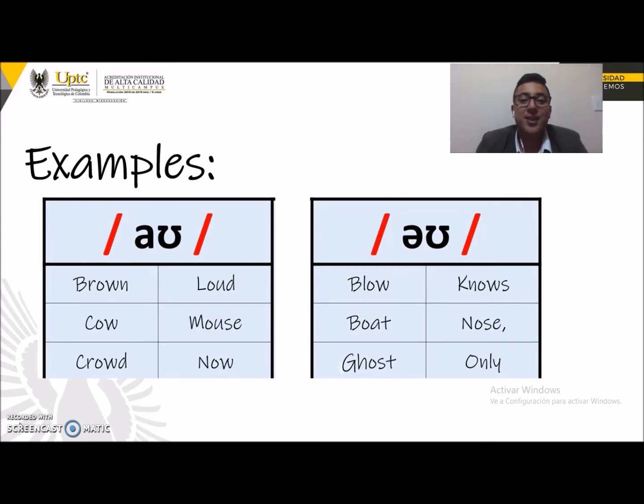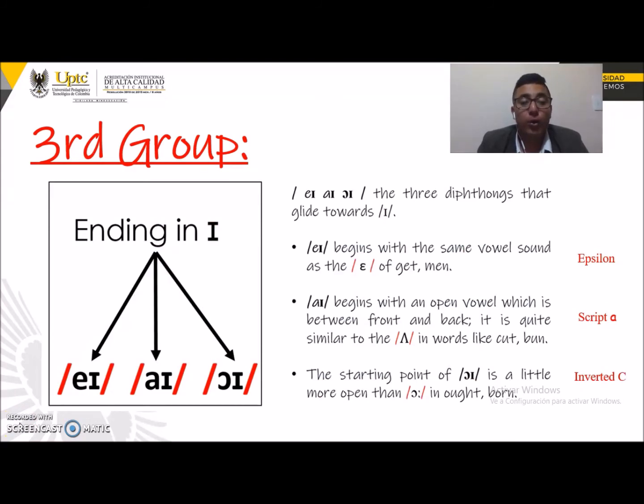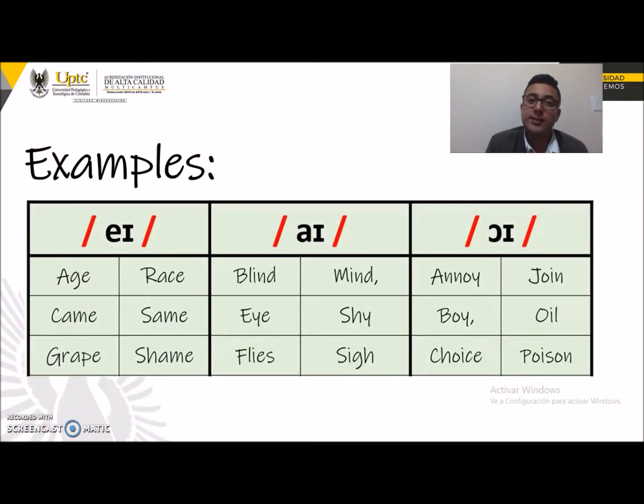Alright, so let's move on into the third group, which are three diphthongs that end in capital I. Those are epsilon, script A, and inverted C. Let's move on into the examples and I'm going to read them all for you to understand the sounds. So the first category is epsilon and capital I, and here we have ate, came, grape, race, same, shame.